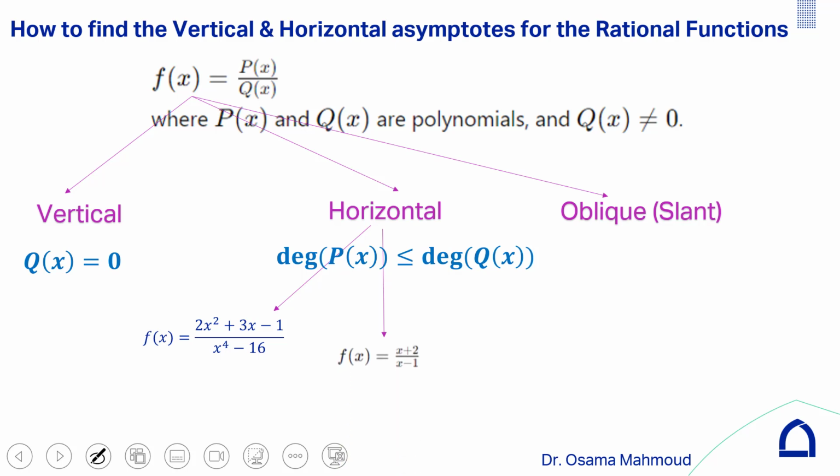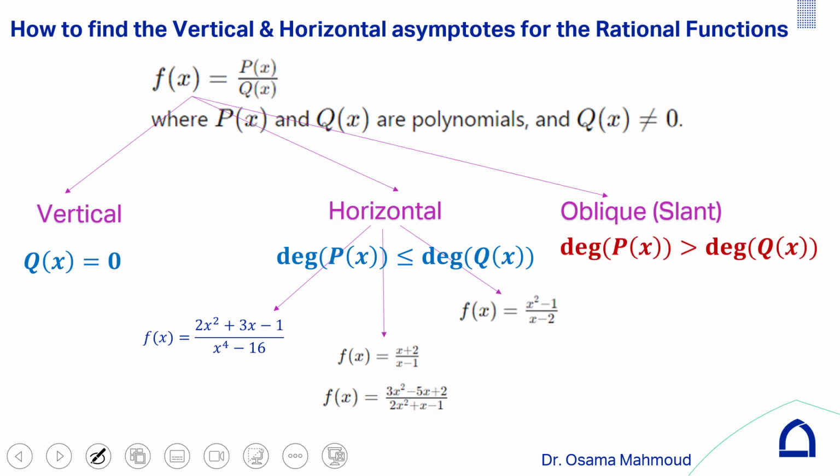In this case, the numerator and denominator have the same degree. But for this function, the degree of the numerator is greater than the degree of the denominator, so you have no horizontal asymptote. If you don't have a horizontal asymptote, you will have an oblique asymptote, right?